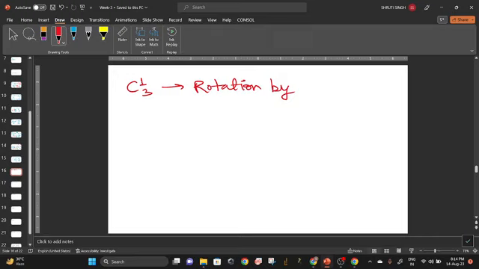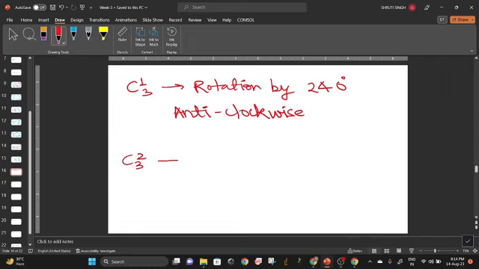When you say apply C3, we have to apply an anti-clockwise rotation by 120 degree.